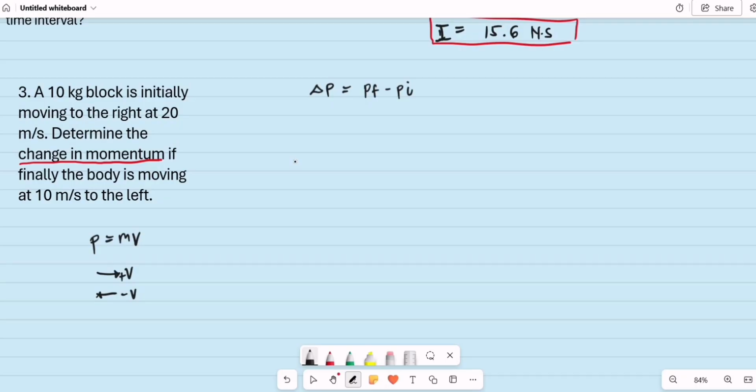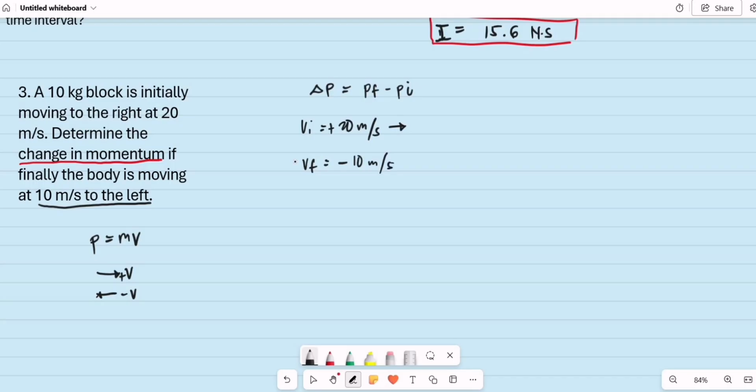According to the problem, our initial velocity is equal to 20 meters per second. It is moving to the right, so we may assume this one to be positive. And our final velocity, according to the problem, is now 10 meters per second to the left. We may assume this one as negative 10 meters per second.